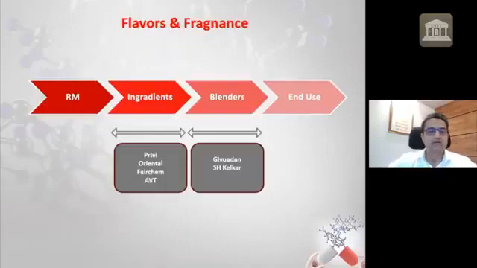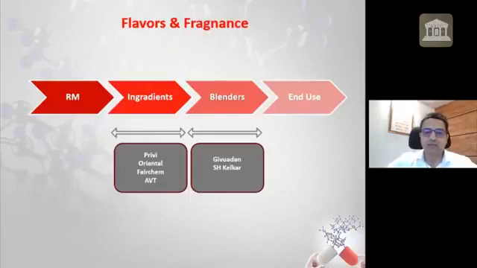In flavors and fragrance, if I look again at the value chain, the players which make ingredients are something similar to, I would say, your API or technicals in agrochemicals. These players are basically the candidates for long-term contracts from large global MNCs.